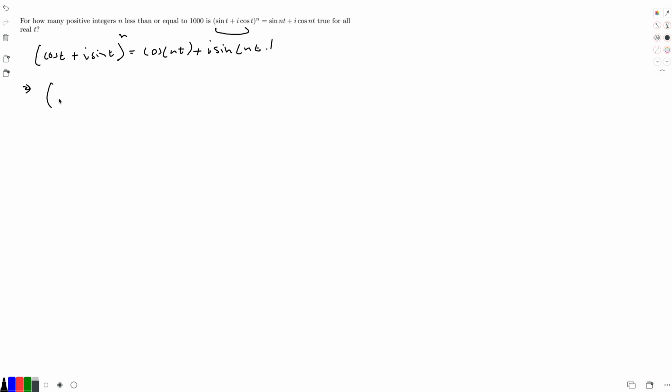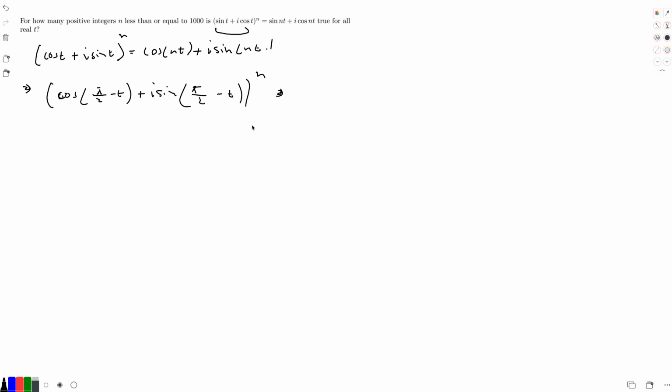Well, we can actually just write this as (cos(π/2 - t) + i sin(π/2 - t))^n, because sin(π/2 - t) will equal cos t, and cos(π/2 - t) will equal sin t.